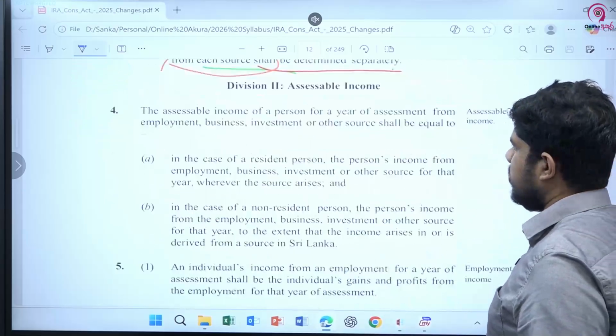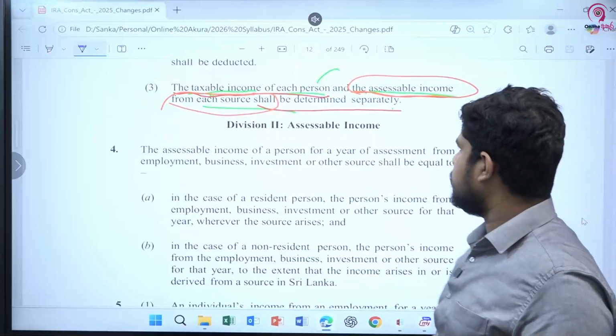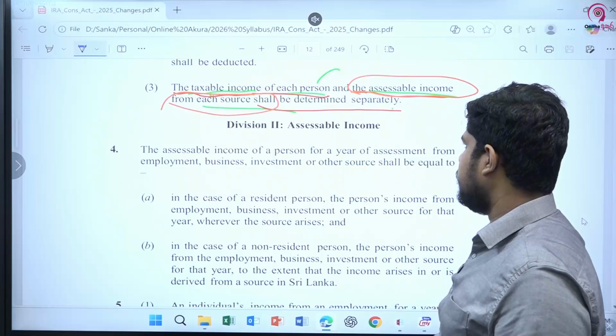Today let's see section 4, Division 2, section 4 onwards.